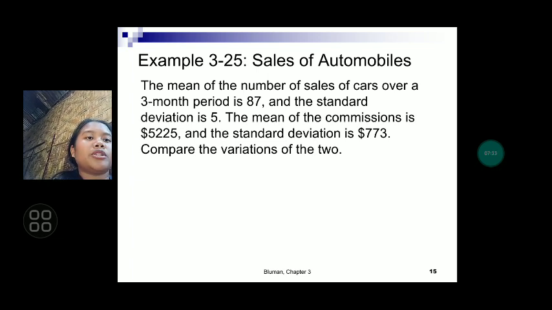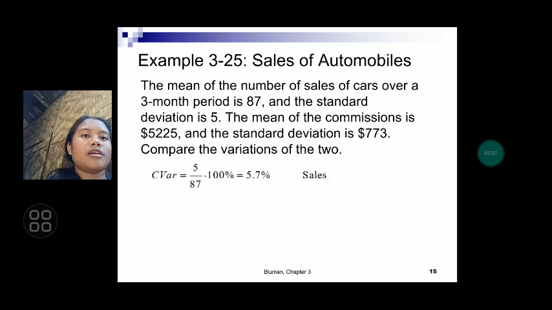Compare the variation of the two. So the CVar for sales is 5 divided by 87 times 100%, which is 5.7%.